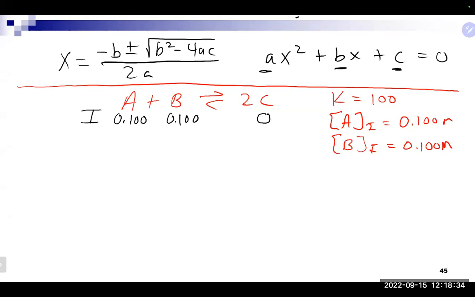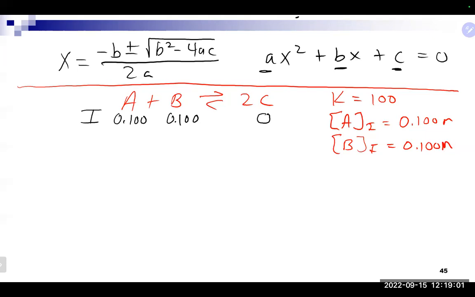Because of that assumption, which is probably correct in most cases, we would expect which part of this reaction to occur? What I mean by that, would we expect the forward direction to occur or the reverse direction to occur? So if all you have is reactants, what should you start making? Products, which means the reaction should go in the forward direction at this point.